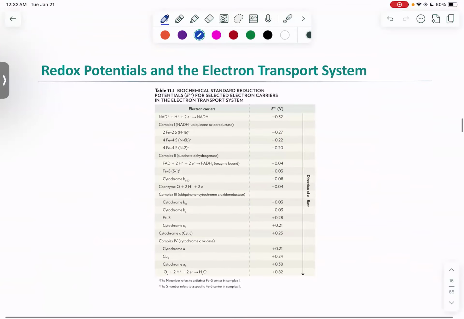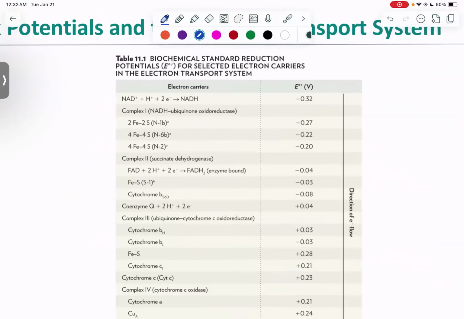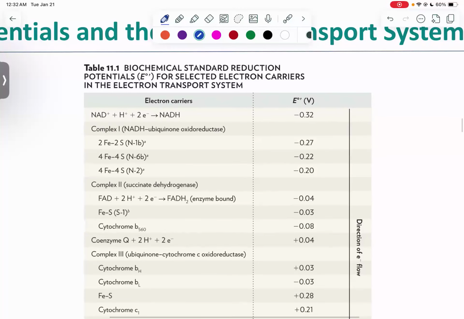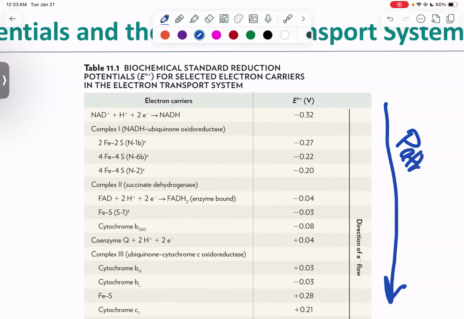All right. So here's the important bit. And I've been saying this over and over and over again. So when we talk about standard reduction potentials, right? Generally, your reduction potentials will gradually increase with each reaction in the electron transport chain. So basically what's happening is, as we go down here, this is the pathway of the electron transport chain. That's not perfect, but in general it is.